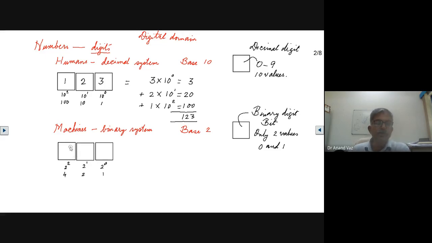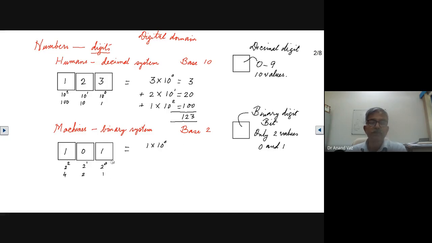Now suppose you take the number 101 corresponding to binary. How do we represent this number? We can represent it as 1 into 2 raised to 0.